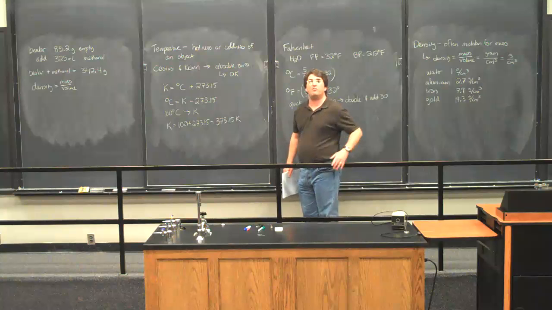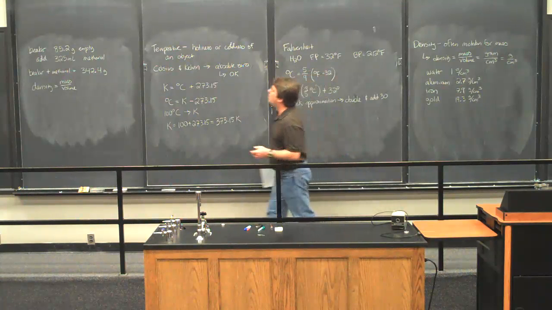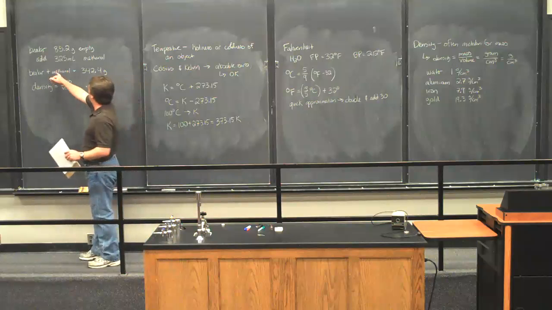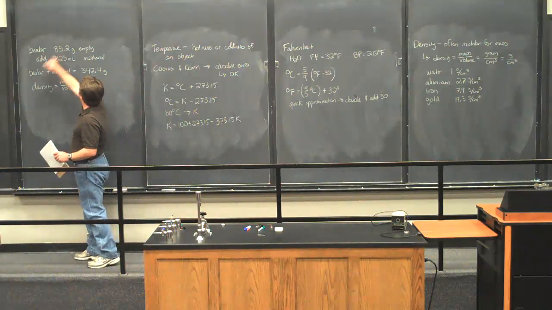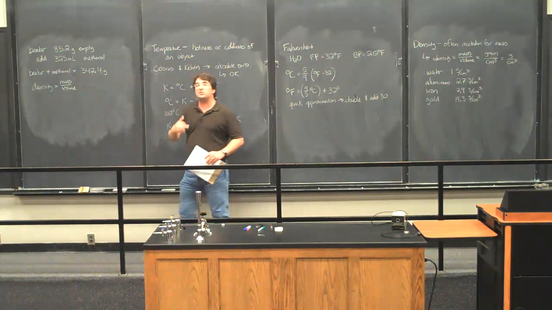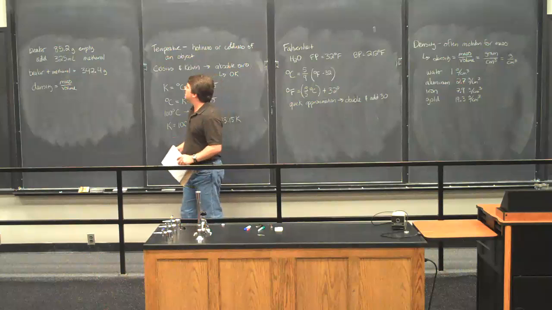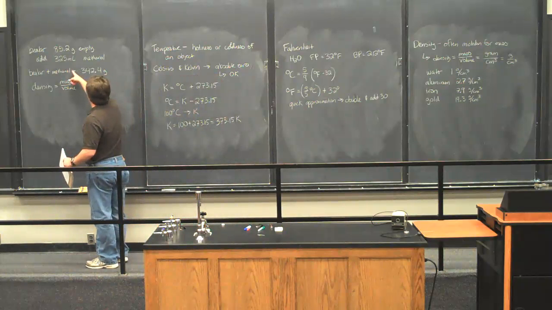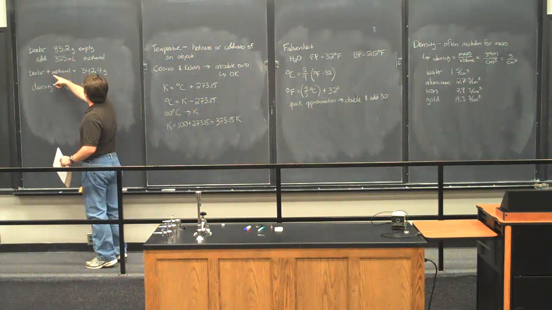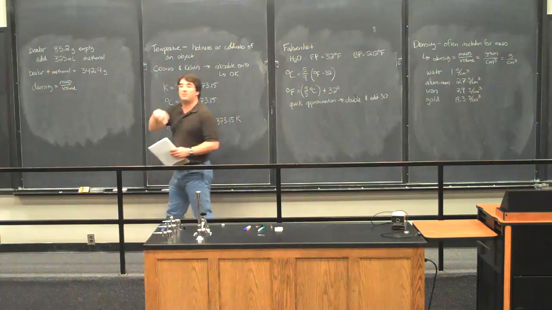So how would I figure out the mass of the methanol that I added to that beaker? Well, I know the mass of the beaker and the methanol, and I know the mass of the beaker empty. So I could just subtract those. If I subtract the beaker from the beaker plus the methanol, I'll get the mass of the methanol.